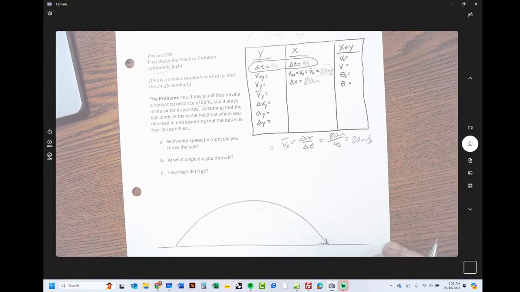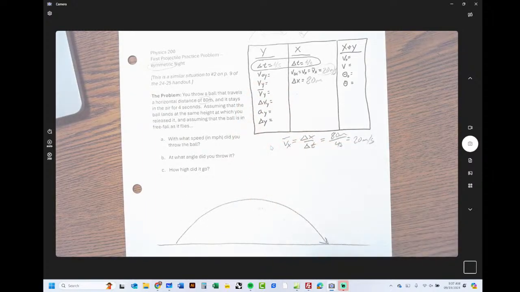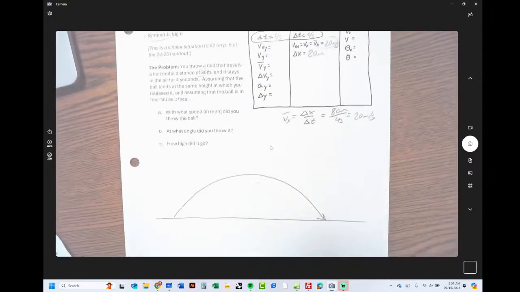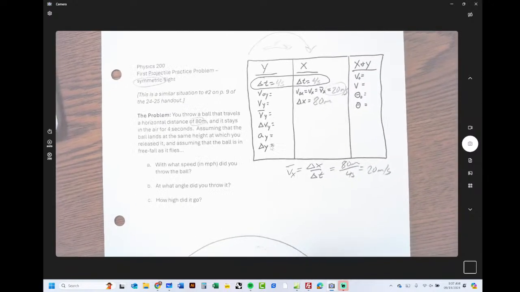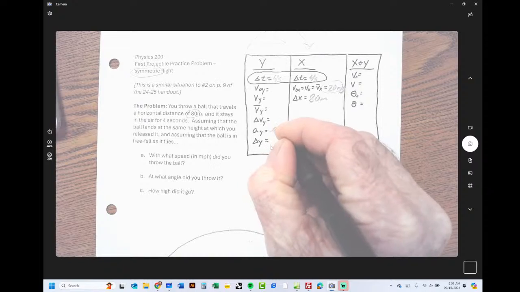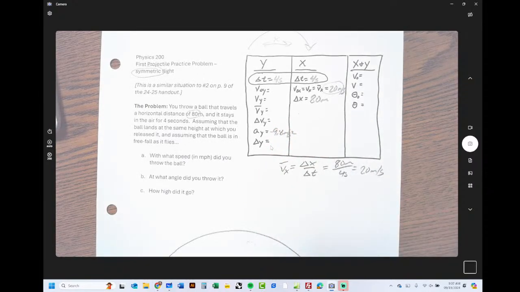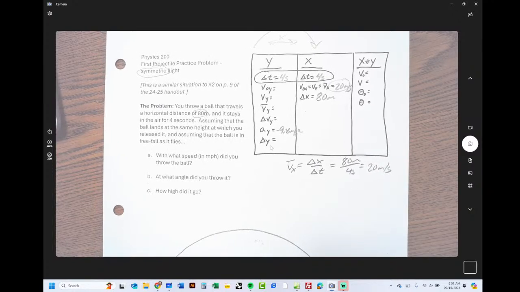All right. Now there's something else we can fill in here that we left out. So acceleration in the y dimension, yes. What is the acceleration in the y dimension? Negative 9.8. So let's see.